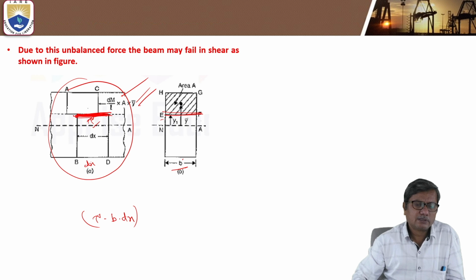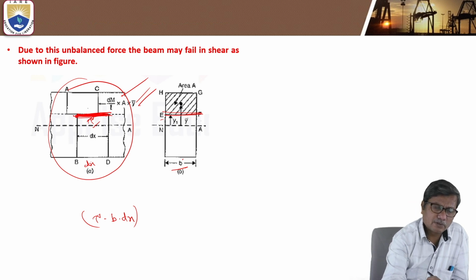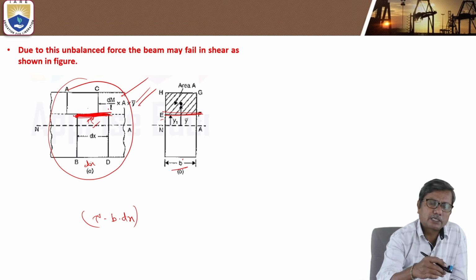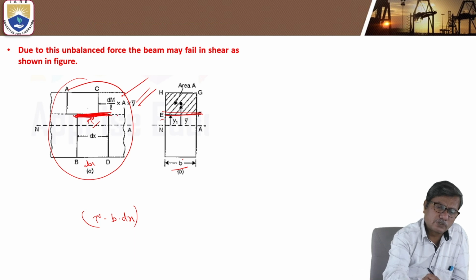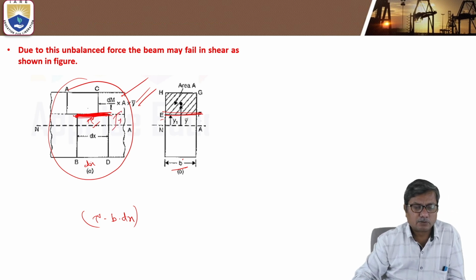Understand? Wherever you consider the shear stress, you need to consider the unbalanced force acting on the cross section above the level under consideration, above the distance y from the neutral axis.